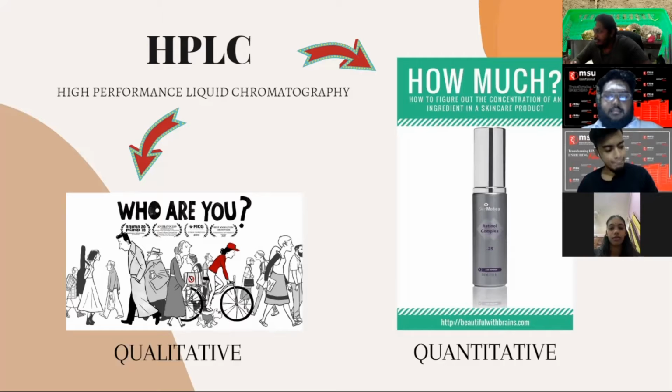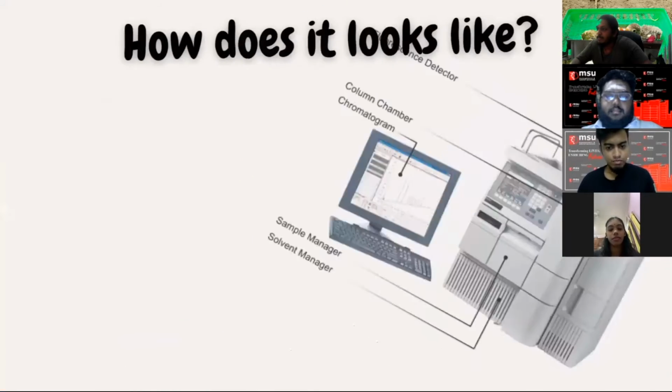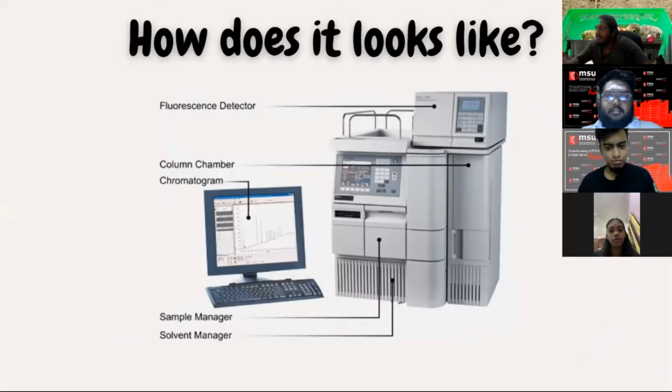Hope we are clear with this basic principle of HPLC. Next, we move to how it looks in real life. This is the machine as it looks in real life. Basically, there's a detector. Any kind of equipment or instrument definitely has a detector.